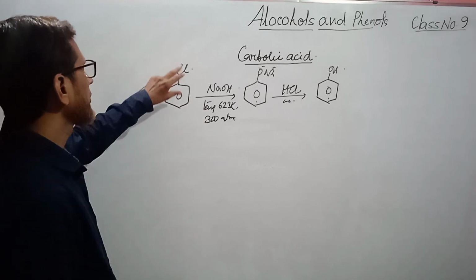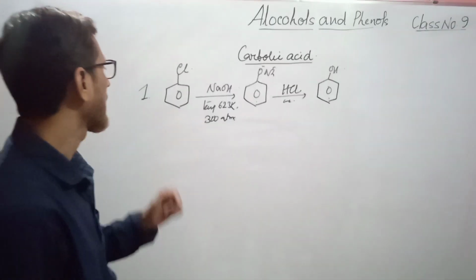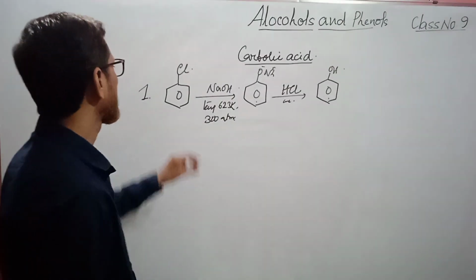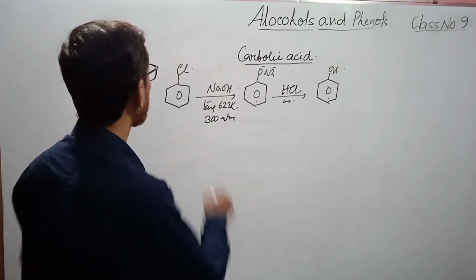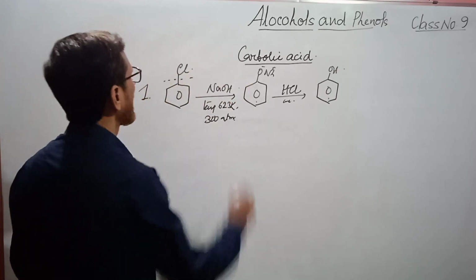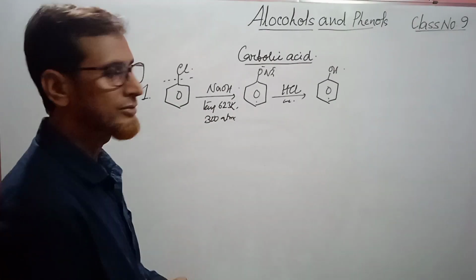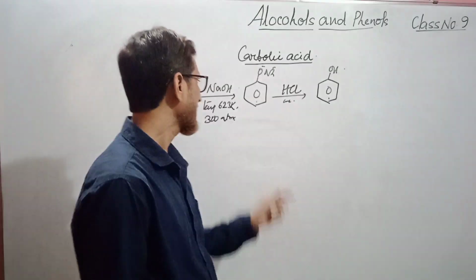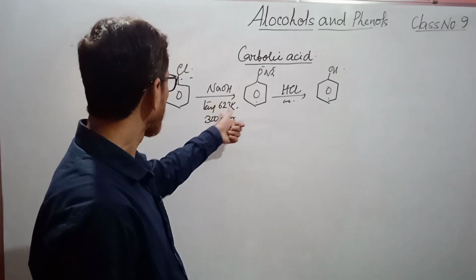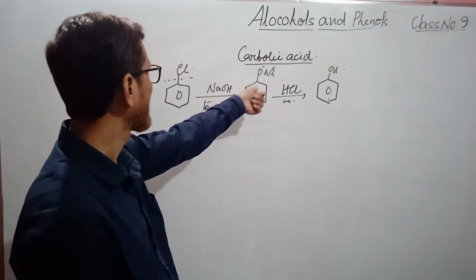But here one thing you keep it in your mind, you just try to understand that it is actually substitution reaction here, bond breaks here, and that's why benzene or aromatic compound doesn't easily show substitution reaction, but under drastic condition, temperature is high and pressure is high, we have done this.